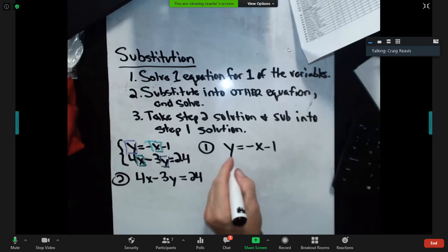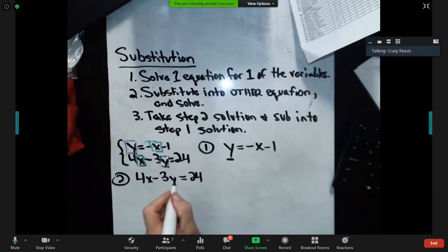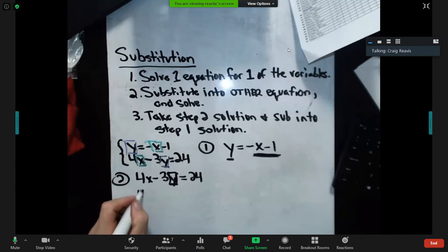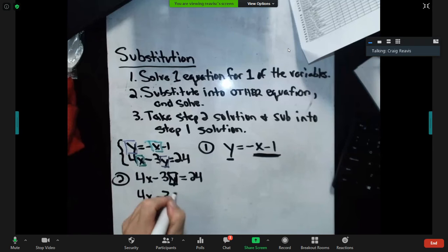So whatever variable I have right here, I'm going to go to this equation, take that variable out, and put in what it's equal to. So I'm going to take 4x minus 3. I'm going to take out the y and put in what y is equal to, negative x minus 1. Then you have to simplify and solve it.